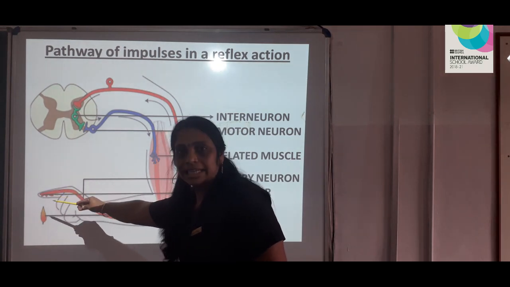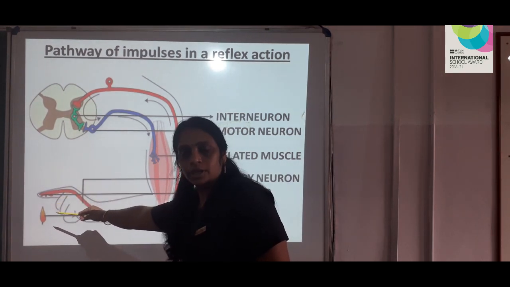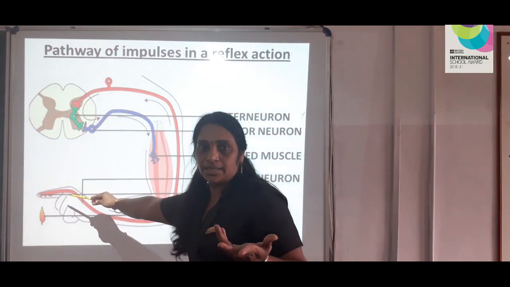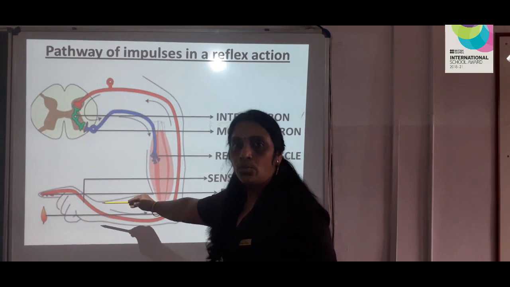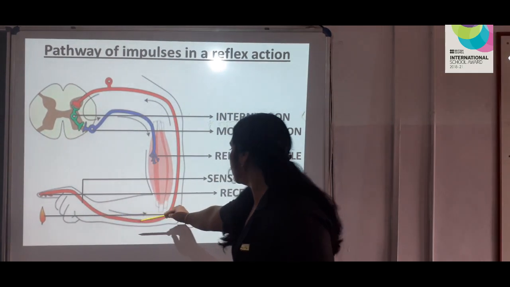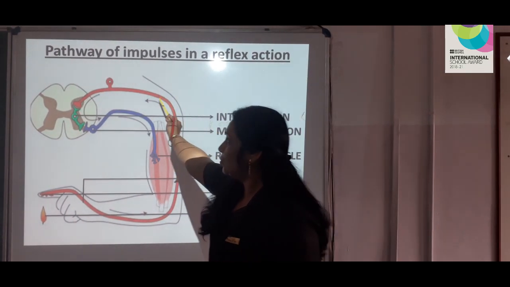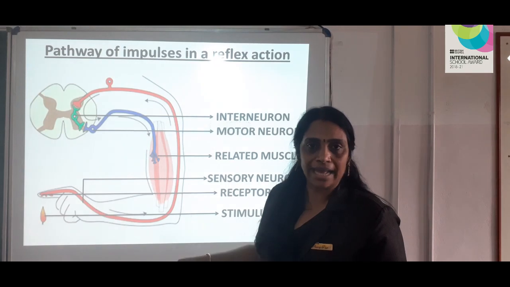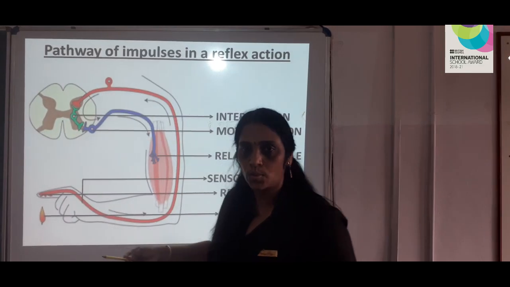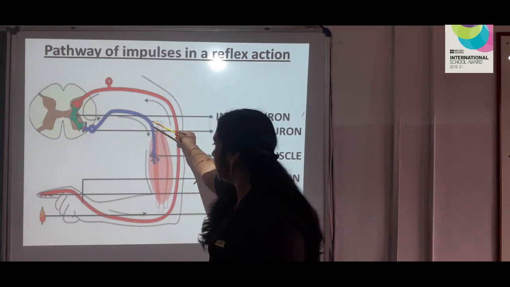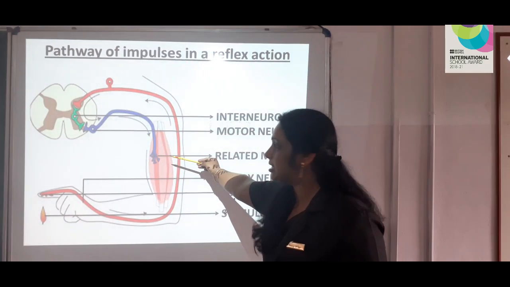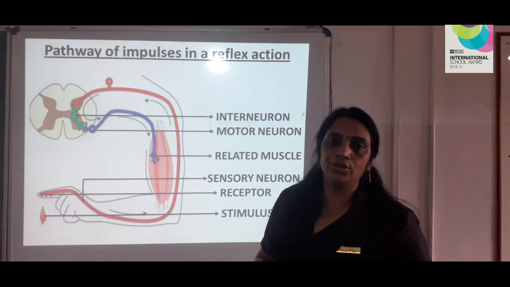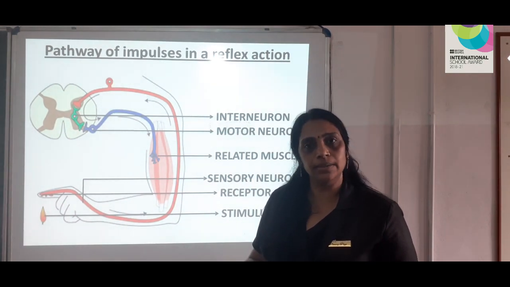When the finger touches the stimulus in the form of the burning candle, the receptors present in the fingertip will be stimulated, and that receptor will be taking the impulses through its various parts to the spinal cord, where the spinal cord will analyze what has happened, and the spinal cord will give response to the motor impulses, and the motor impulses will give the message to the muscles of the hand, and that moment the hand is withdrawn from the stimulus, that is the burning candle.